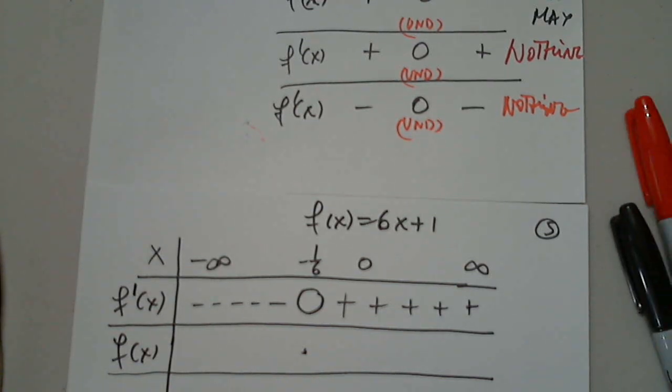So I'm going to share my screen, find the calculator, and clear. I like to put the function in. I like to put in 6x plus 1. It's easier for me. And then plug in negative 1 divided by 6. Okay, no, that's not what I meant.